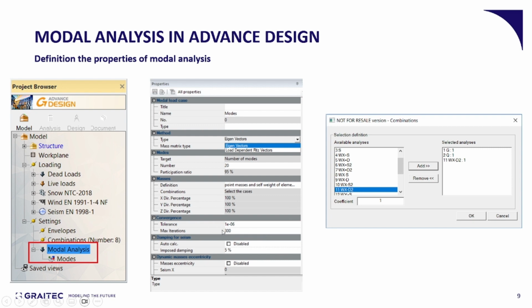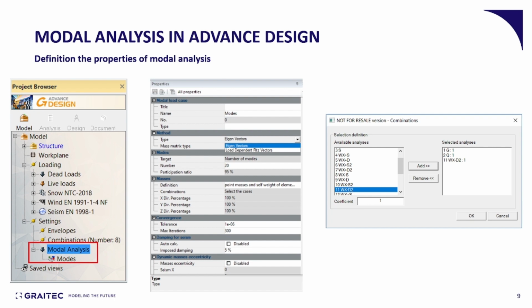Some convergence parameters, for example, tolerance or the maximum number of iterations. There is also the option to allow for the calculation of damping. This parameter uses the material damping that the user can set up in the beginning when creating their own materials.